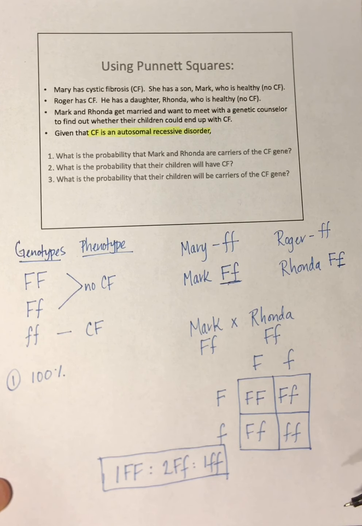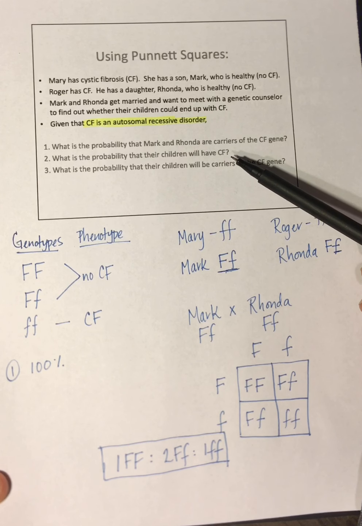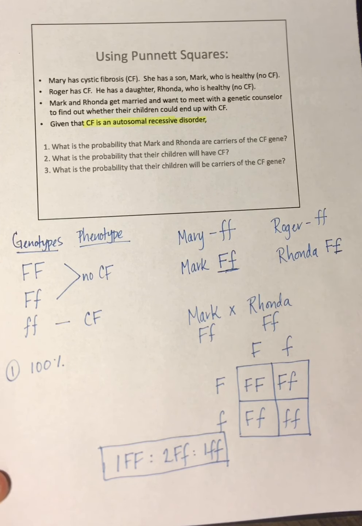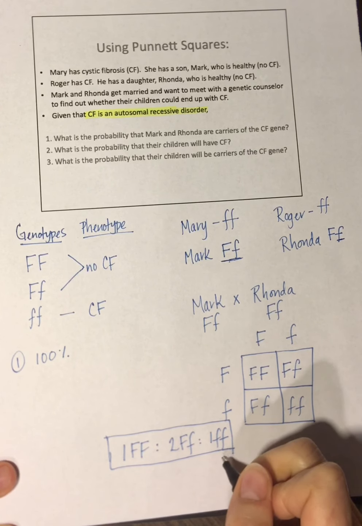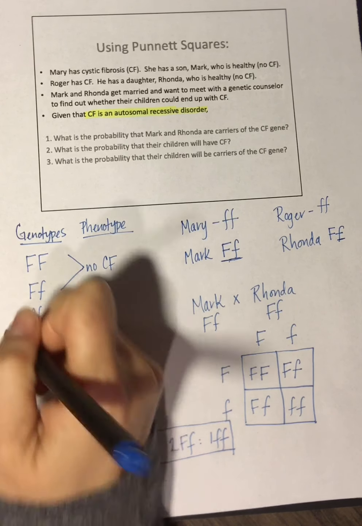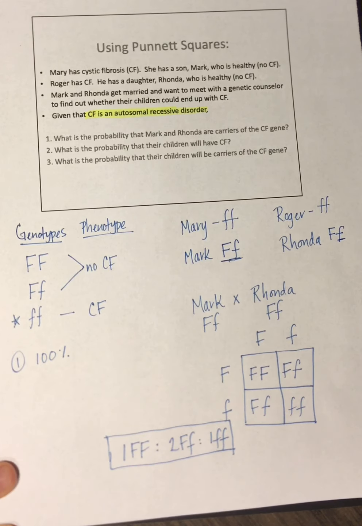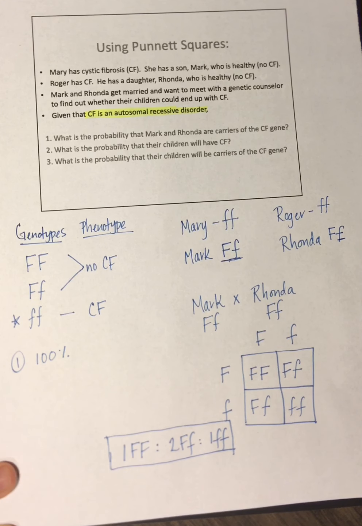But we of course want to know about the phenotypic result because the question asked whether or not they would have children with cystic fibrosis. So in terms of the phenotype, well, I remember from our initial setting up of the question that only the homozygote recessive individual will have cystic fibrosis.